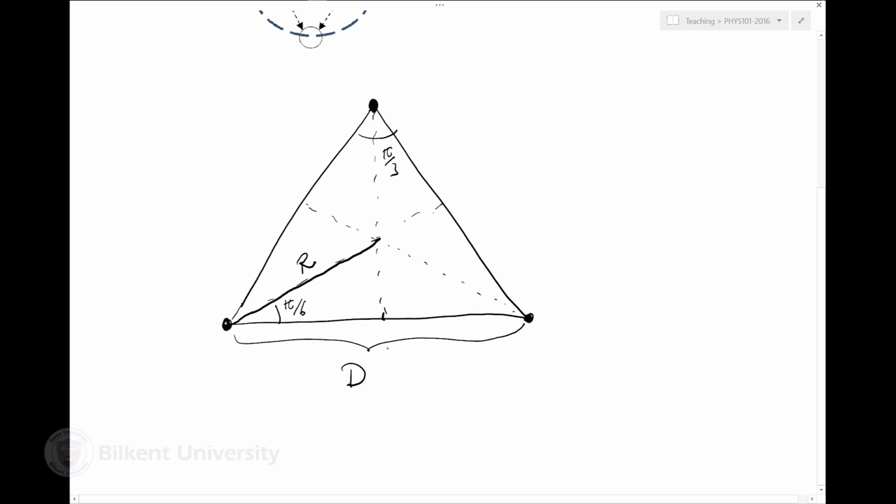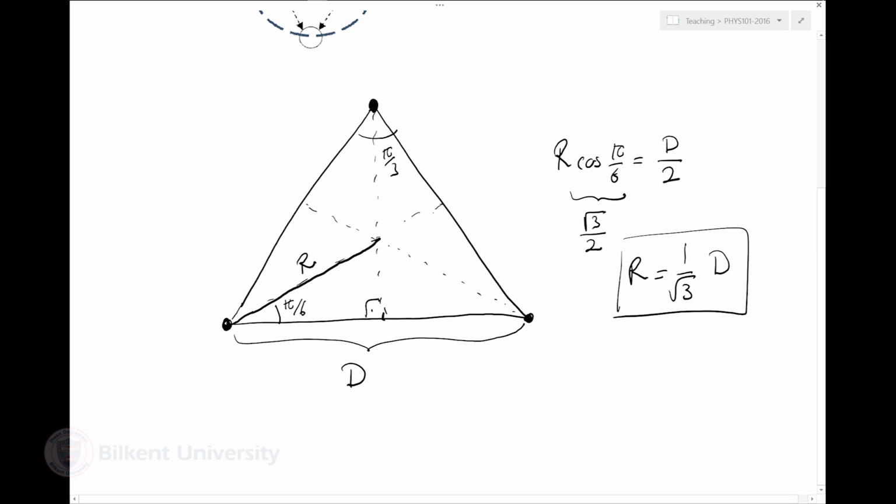So can I say that this is a right triangle here? R cosine pi/6 is d/2. Cosine pi/6 is square root of 3/2, right? So R is apparently 1/square root of 3 times d. Okay?